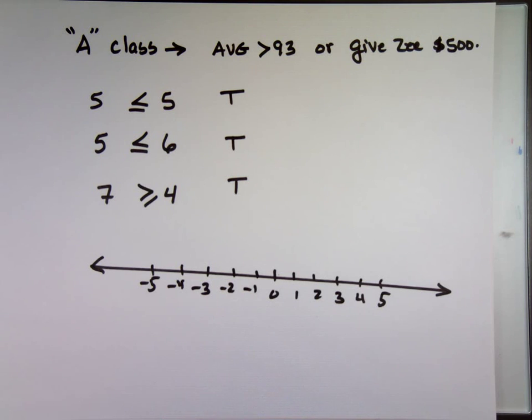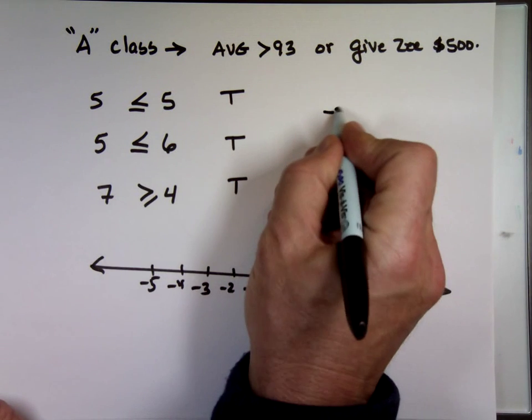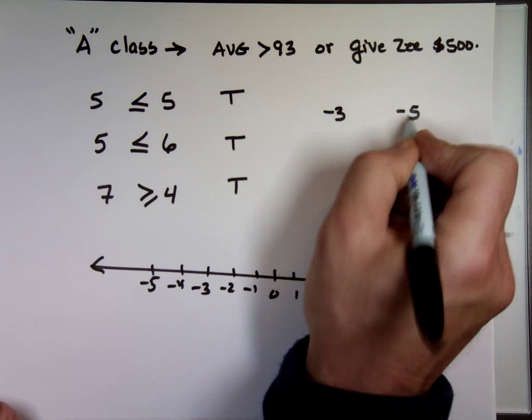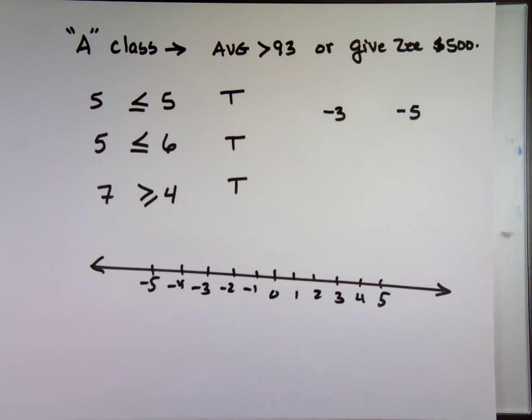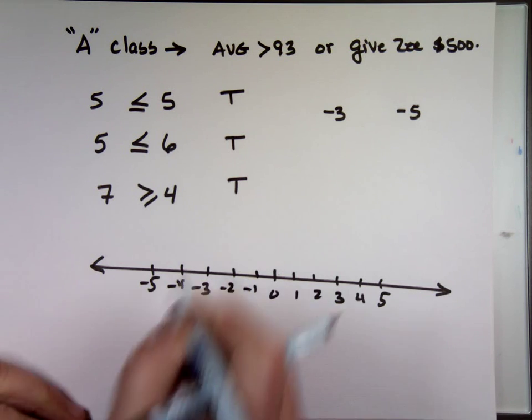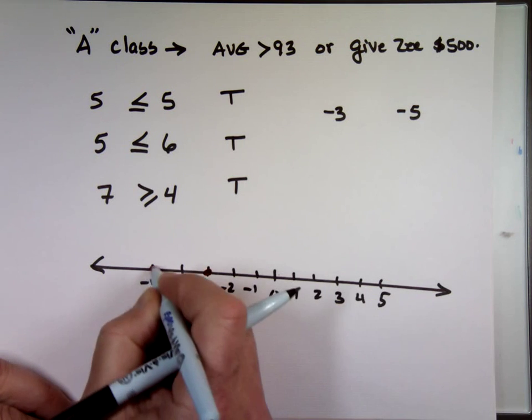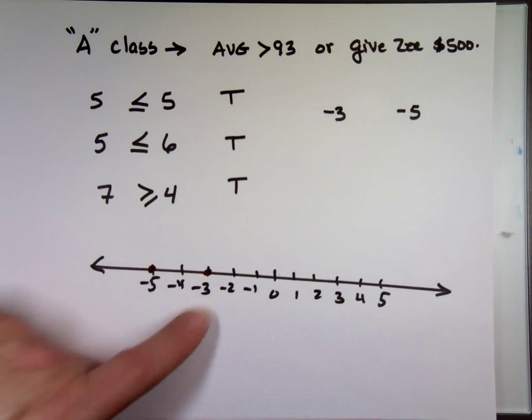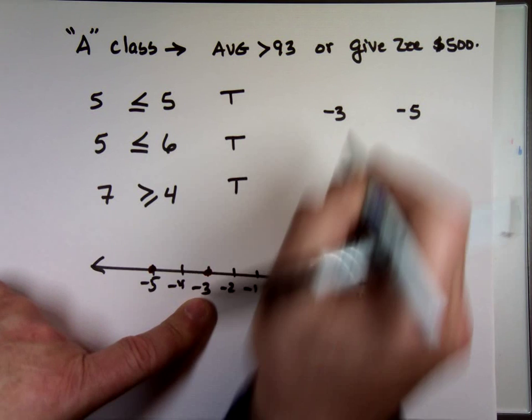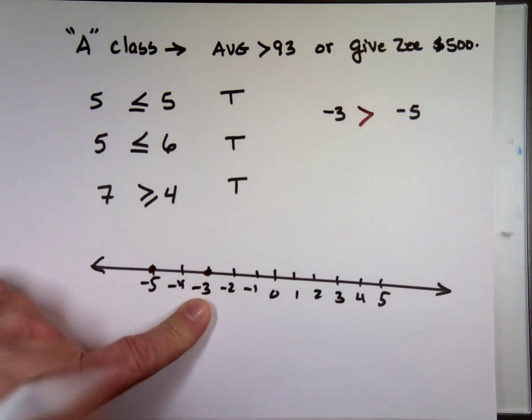So if I write -3 and -5, and it says compare them, is -3 smaller or bigger than -5? Bigger. Notice there's the -3 and there's the -5. Which one is on the right? -3. The one on the right is always bigger than the one on the left.